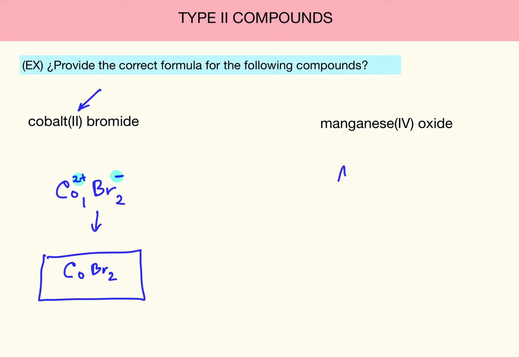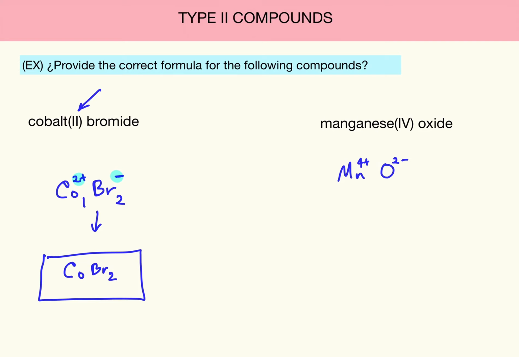Manganese(IV) oxide. Mn is the symbol for manganese. Oxide is O. The charge on oxygen is -2 because it's 2 places from being a noble gas. We can march it into the noble gas column and see we need to gain 2 electrons. This particular manganese is +4. Why? Because the name tells us which flavor it is. All we have to do is make it charge neutral.